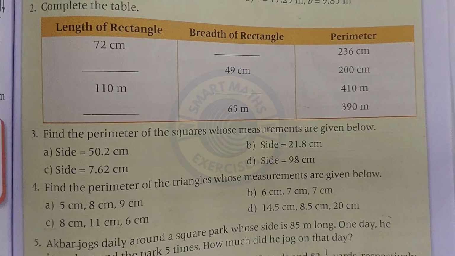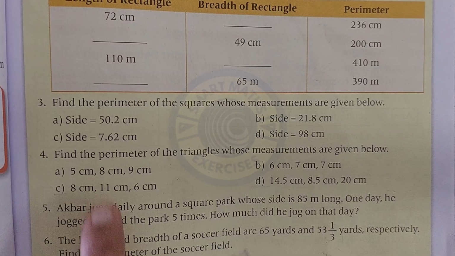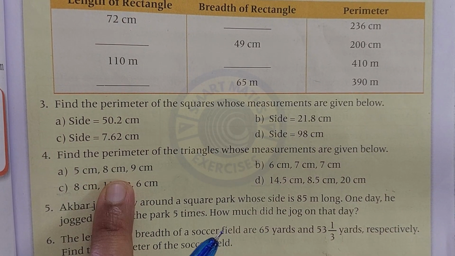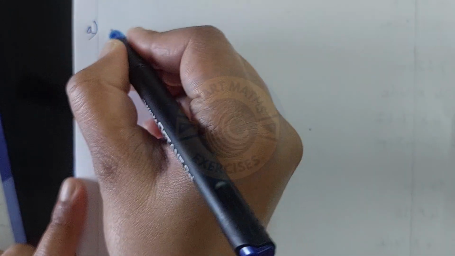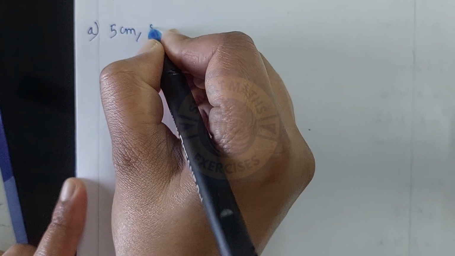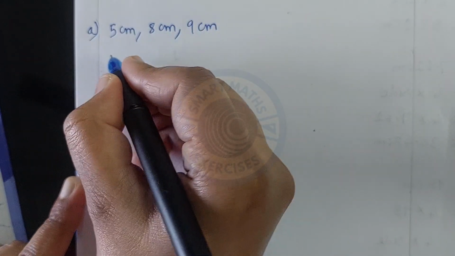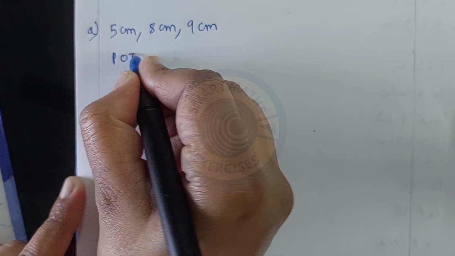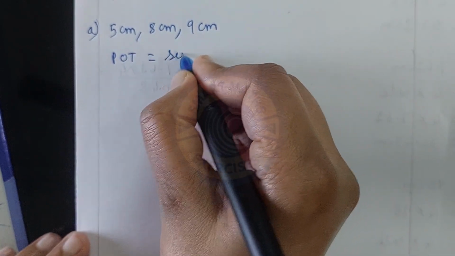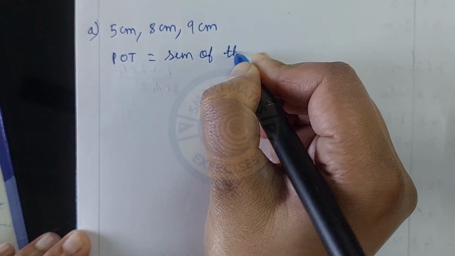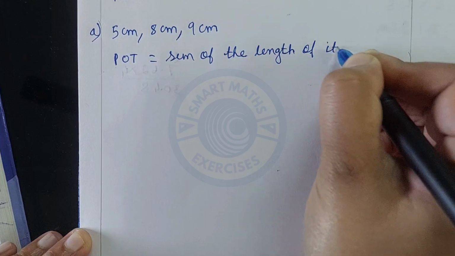Next main. Find the perimeter of the triangles whose measurements are given below. First question is 5 centimeter, 8 centimeter, 9 centimeter. Let us denote perimeter of triangle as POT, and the formula is sum of the lengths of its sides.